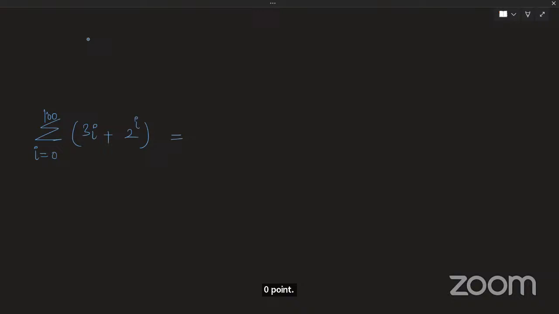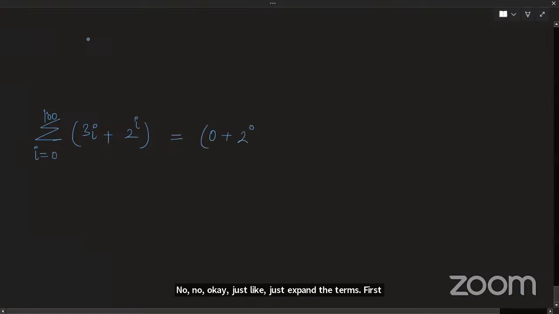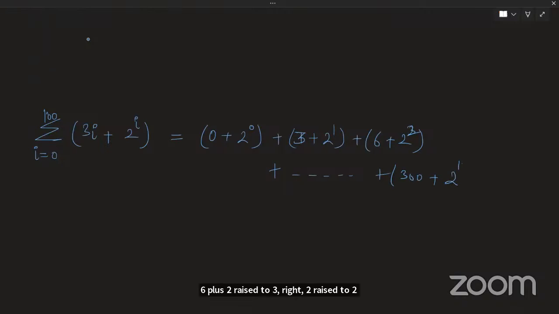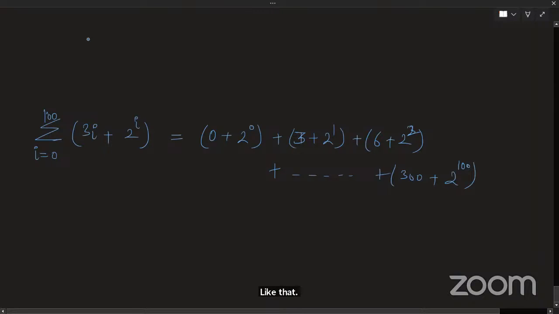Just expand the terms first. It is 0 plus 2 raised to 0, plus 3 plus 2 raised to 1, plus 6 plus 2 raised to 2, like that, up to 300 plus 2 raised to 100. Fine. You can do this, right? This is what your terms are.